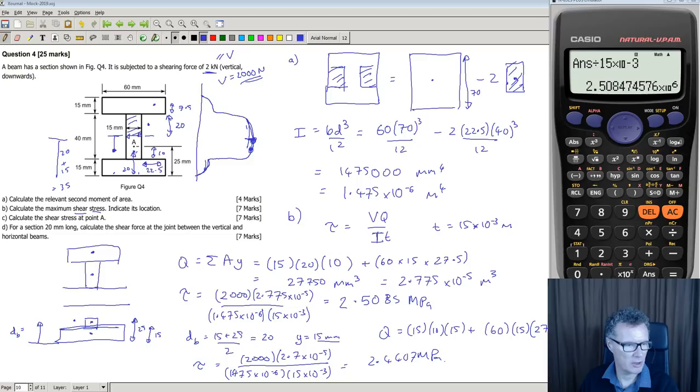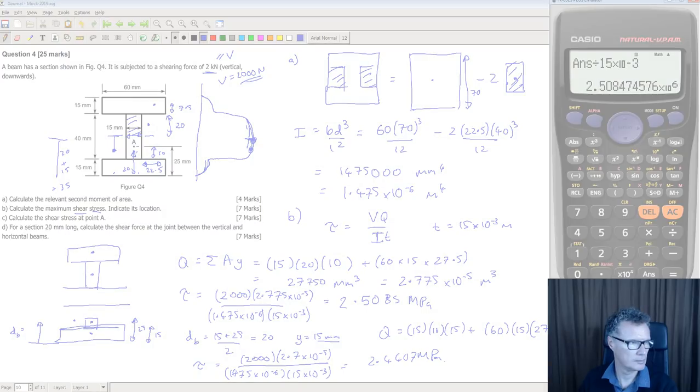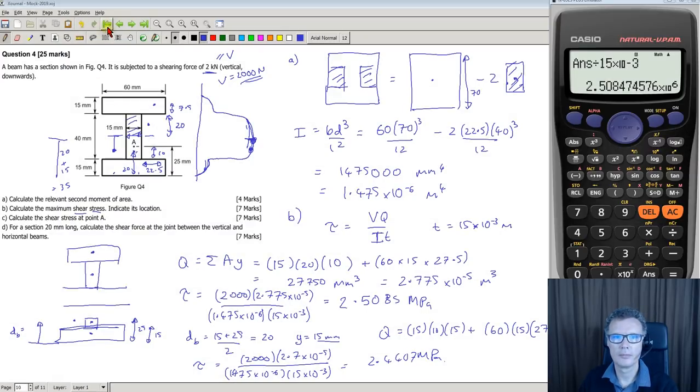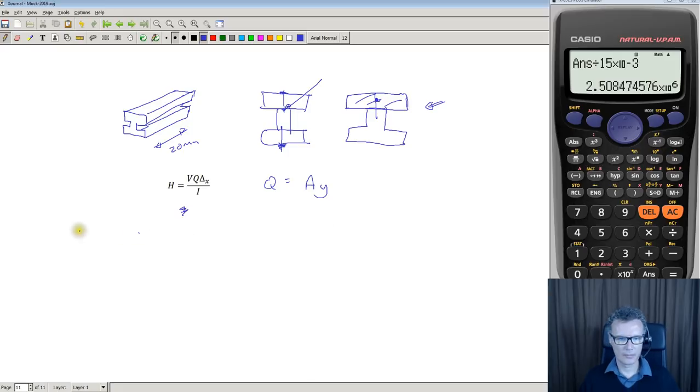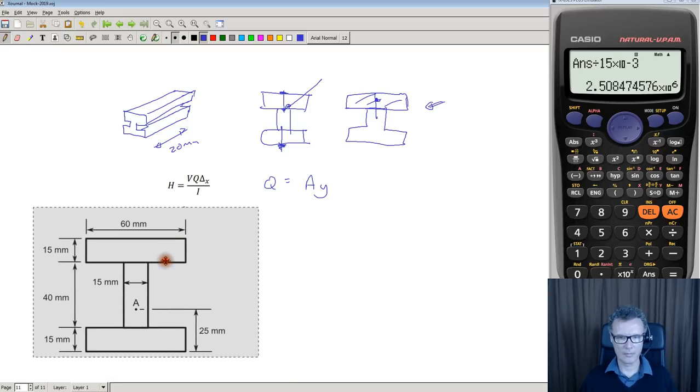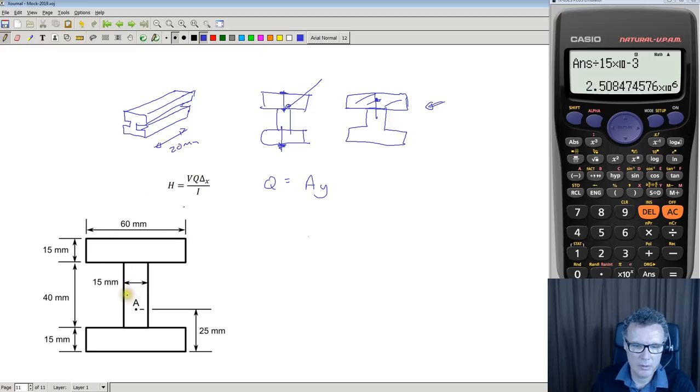Get another picture of that cross section. Okay, so the middle from here to here is 20.